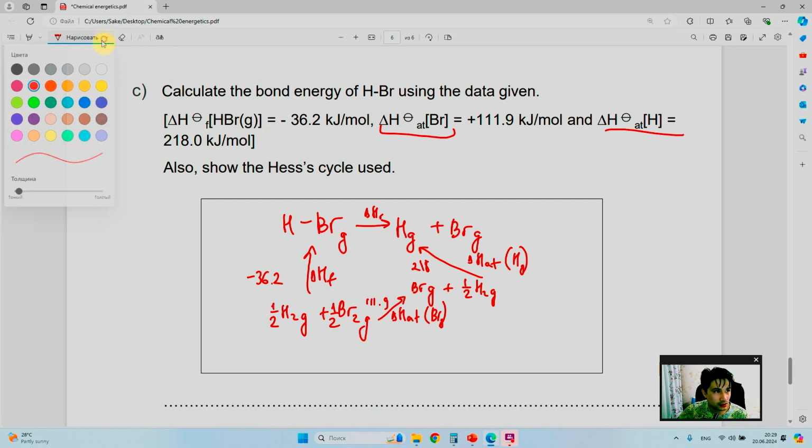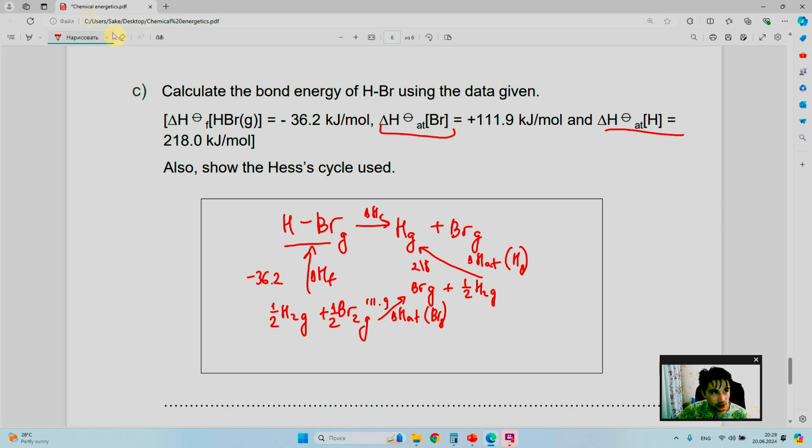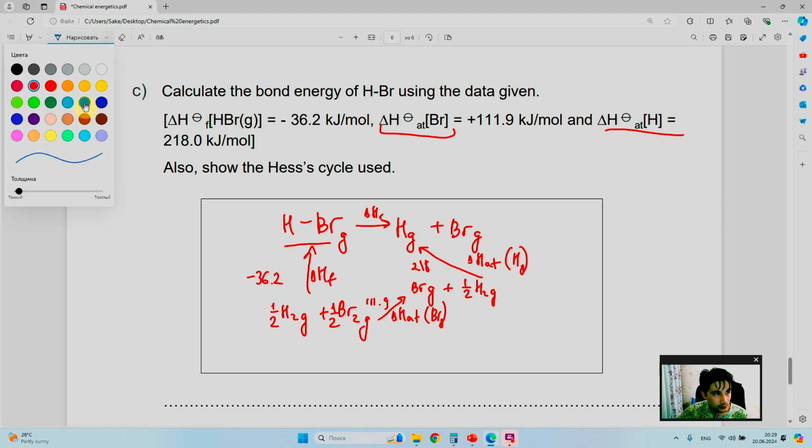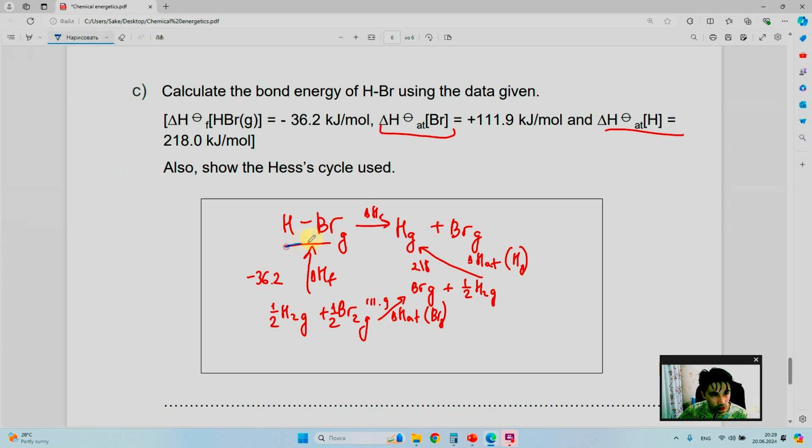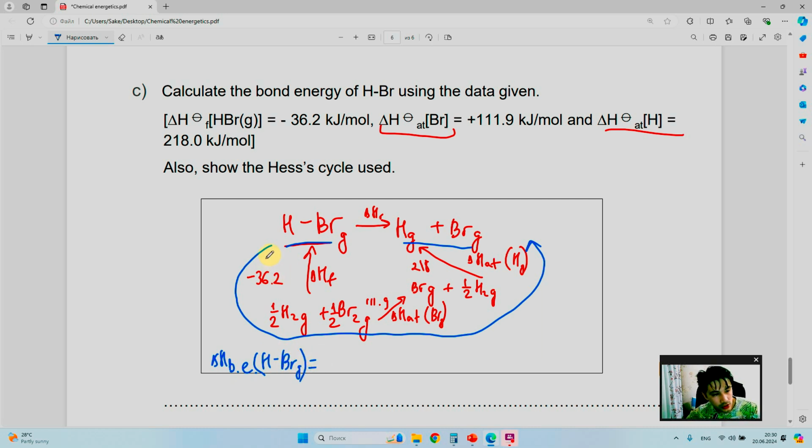All right, again we are following that rule in cycles. So we need to go from this to the product side, using the alternative route, which is this. So the enthalpy change of this reaction, or bond energy of hydrogen bromide gas, equals, so our direction is against that arrow, so we need to take this value with the opposite sign, so it's positive 36.2.